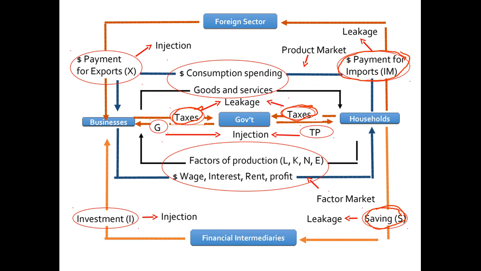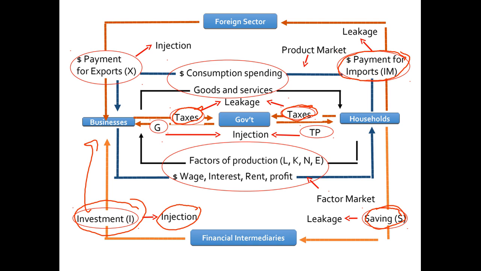And this is what we call exactly the opposite of leakages, that is, injections. So notice that these investors are buying goods and services from the business sector as well. So this is one type of injection. That is why for investment I wrote injection. So investment is one type of injection.